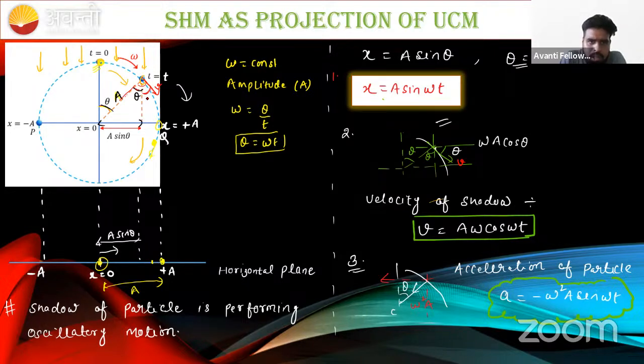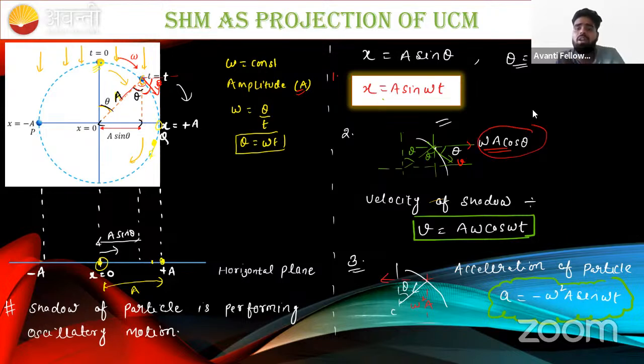So this angle becomes 90 minus theta. If we draw a horizontal line here, this angle becomes theta. What is the component of velocity in the horizontal direction? That is v cos theta. And v equal to r omega, where r is equal to the amplitude. So that is omega A cos theta.